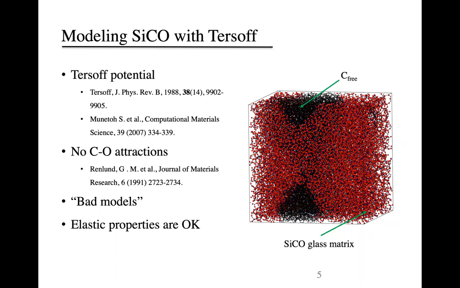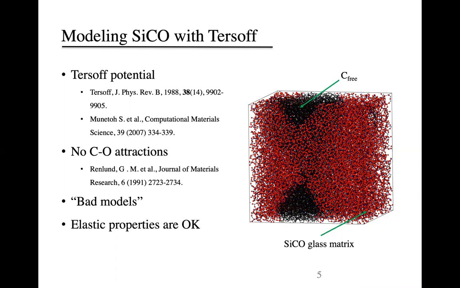During our molecular dynamics simulations, we use the Tersoff potential to describe interactions. The Tersoff potential is a semi-empirical many-body potential that essentially describes the bonding between atoms based on the local environment. We don't use carbon-oxygen attractions in this potential, as XPS studies indicate there are no carbon-oxygen bonds.